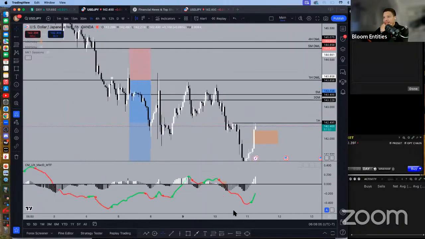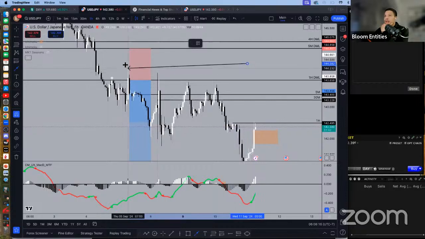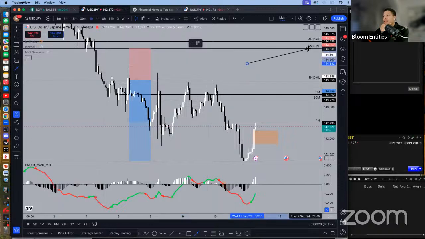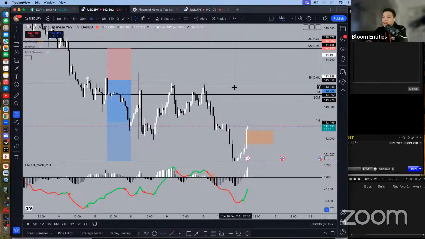Because ultimately I am eyeballing liquidity, liquidity, liquidity, and liquidity, right? With some inefficiency right in this area. So I want to see price get up to here, right? And then from there, it could bounce off this level and then head back up. Why am I considering the head back up?